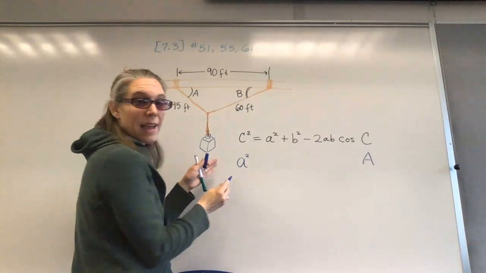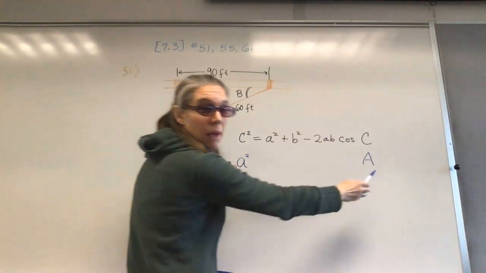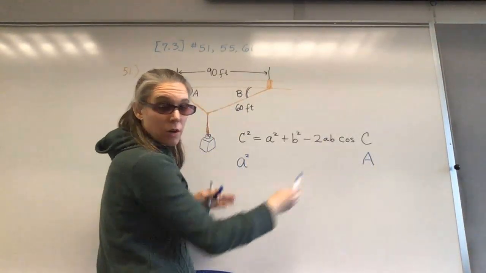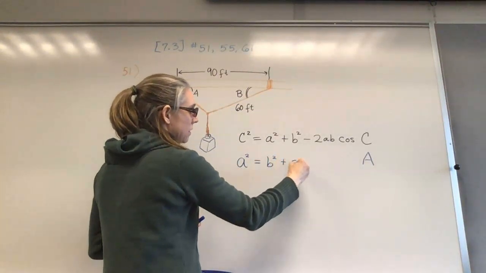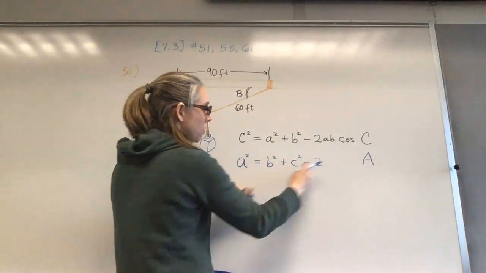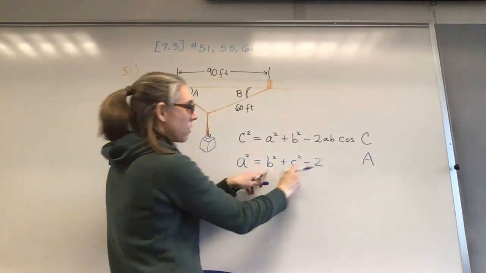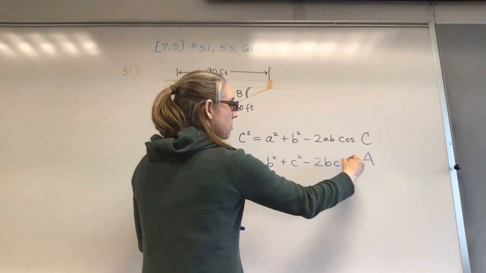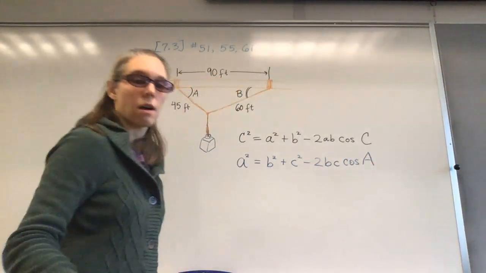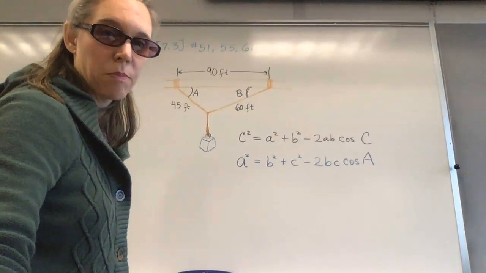So I want to have A squared pair up with capital A, okay? So then that's going to leave me with B squared plus C squared minus 2, and then these 2 letters right here get repeated, B, C, and then that's times cosine of angle A.